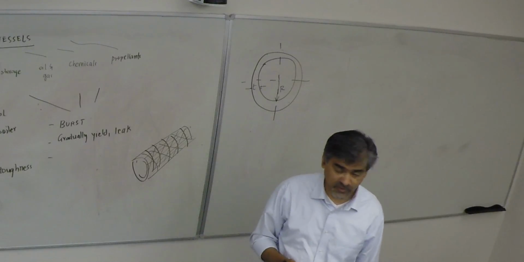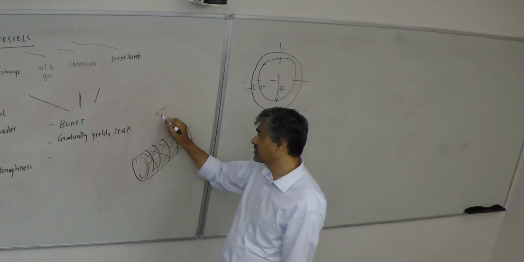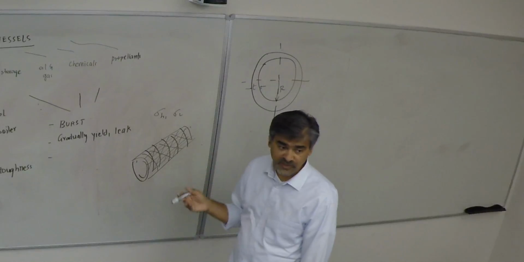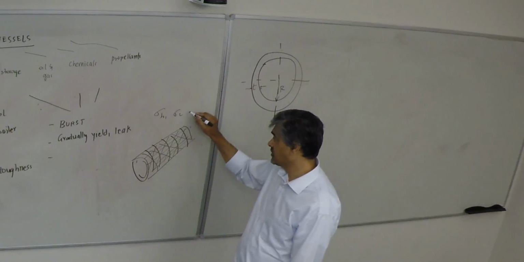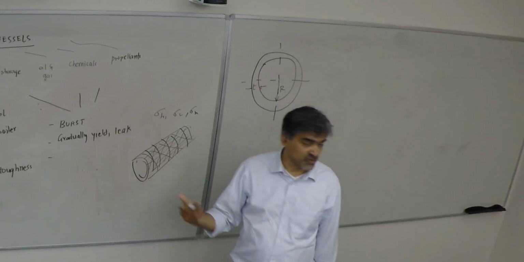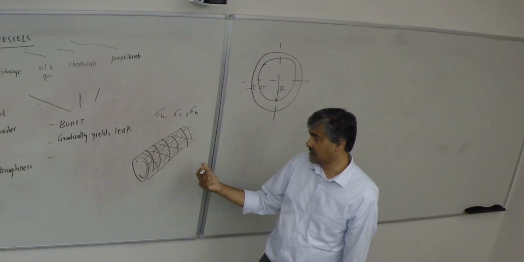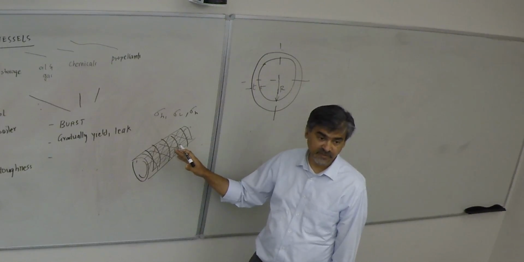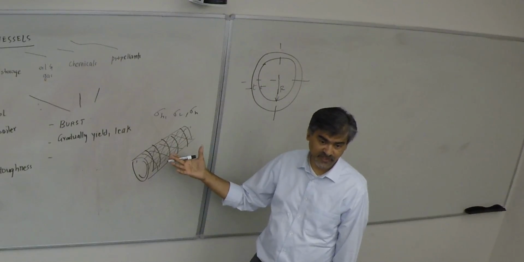Then your stress could be sigma hoop, sigma longitudinal, or sigma helical in terms of a certain orientation or shear. So those things become a lot more specific when the material is anisotropic.